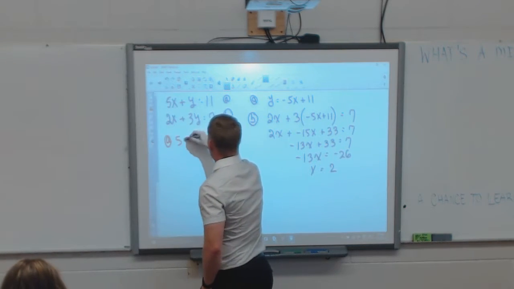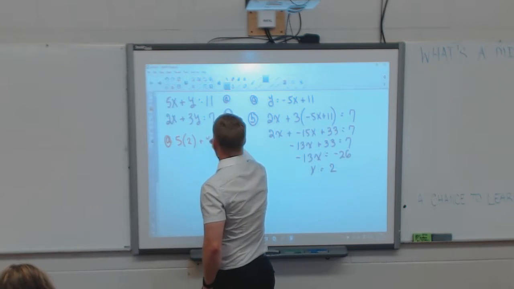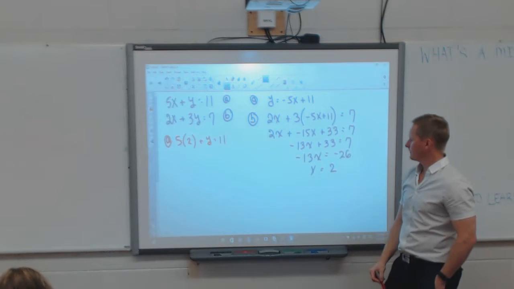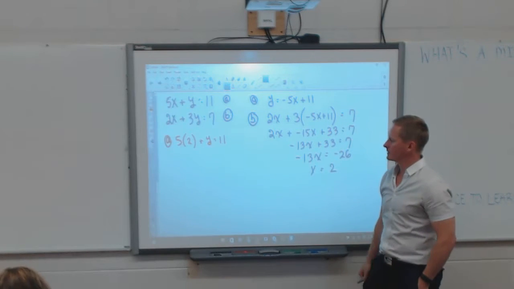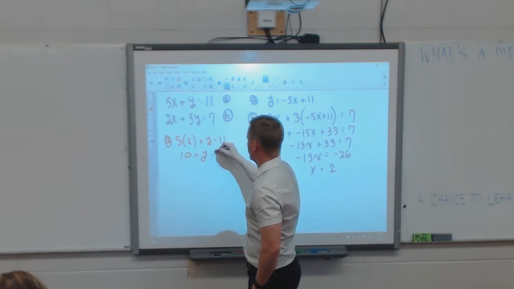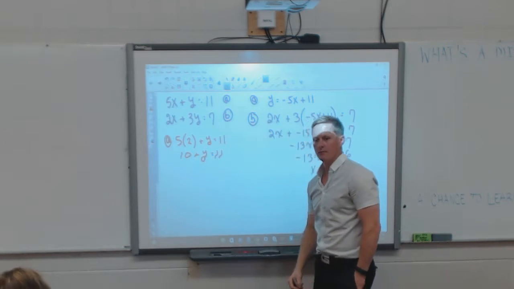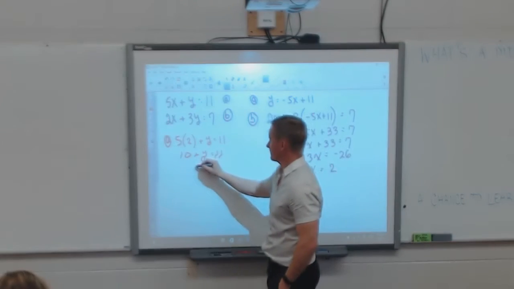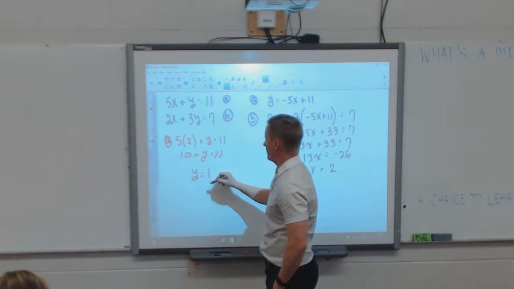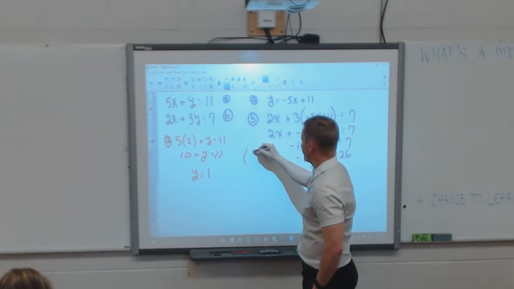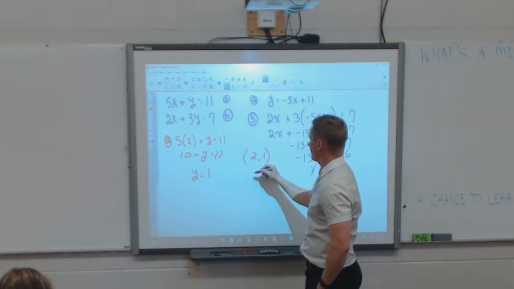So I've got 5 times 2 plus y equals 11, because 2 goes in for x. 5 times 2 is 10. 10 plus y is equal to 11. Okay, so far, how do I get y by itself? Subtract 10, y is equal to 1. What's the coordinate that they cross at? 2 and 1.